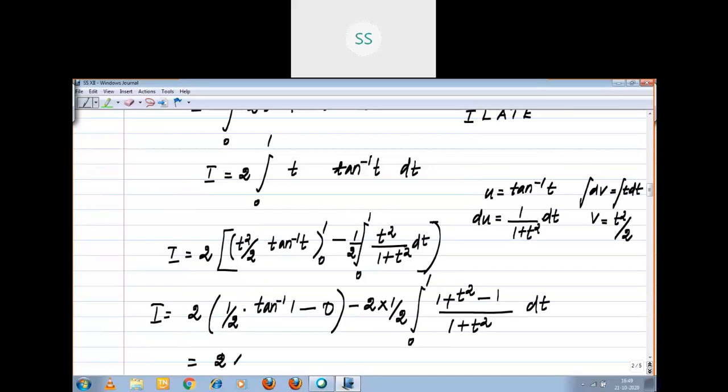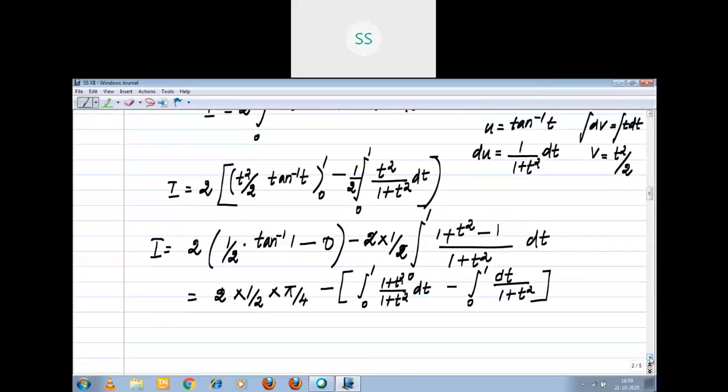Here, 2 into 1 by 2 into pi by 4, minus the integral from 0 to 1 of 1 plus t square by 1 plus t square dt, minus the integral from 0 to 1 of dt divided by 1 plus t square. I wrote it as a sum of two integrals.